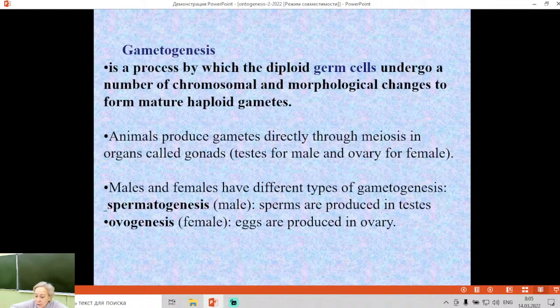Animals produce gametes directly through meiosis in organs called gonads, testes for male and ovary for female. Males and females have different types of gametogenesis. Spermatogenesis for male, sperms are produced in testes, and oogenesis for female, eggs are produced in ovary.